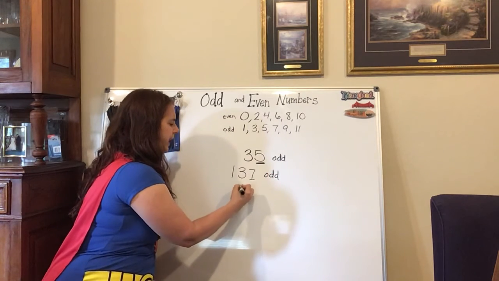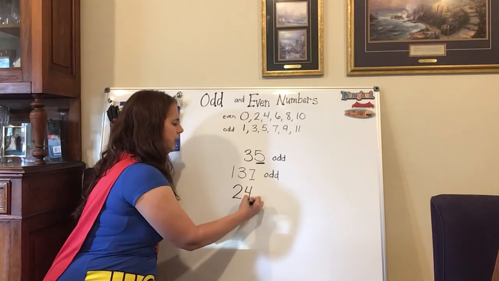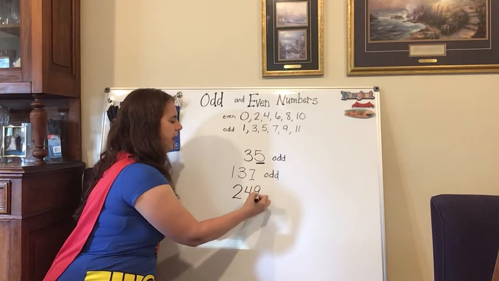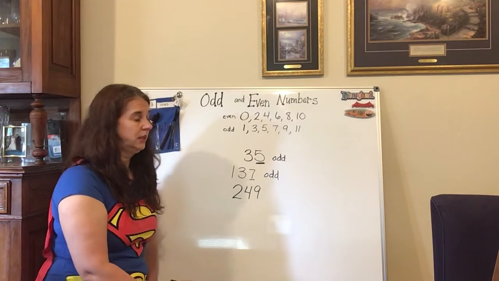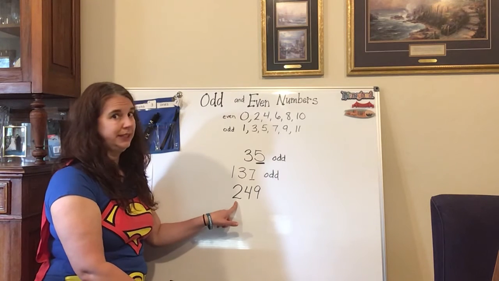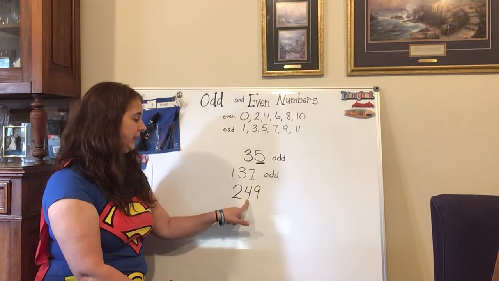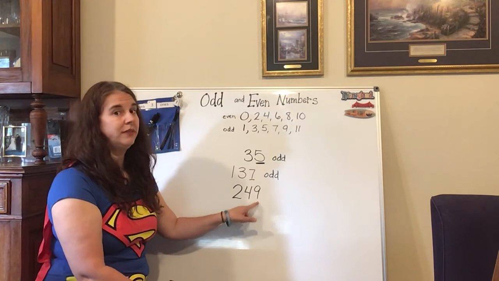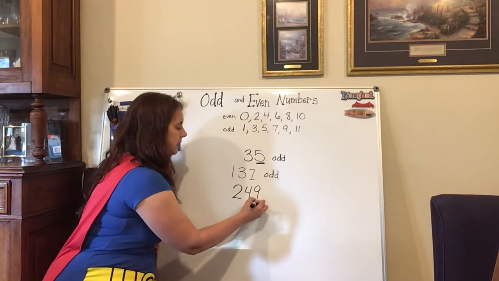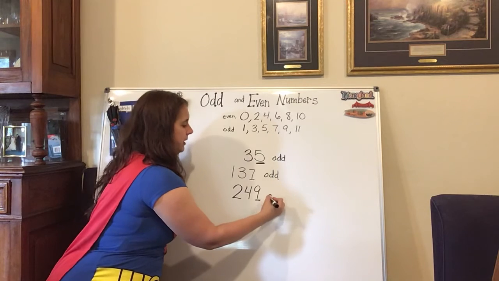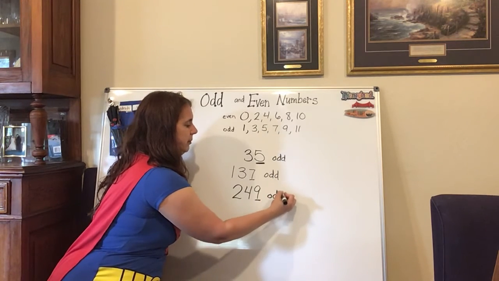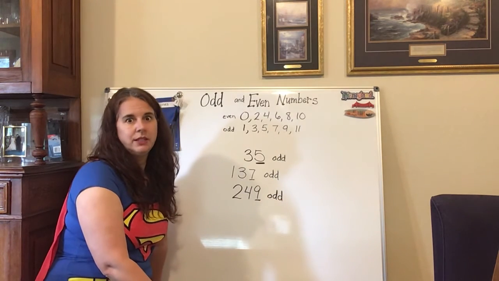What happens if we had 249? This is why you have to look in the ones place, because the hundreds place has an even number, the tens place has an even number, but you have to go by the ones place. 9 is odd. So this is considered an odd number. So let's do another one.